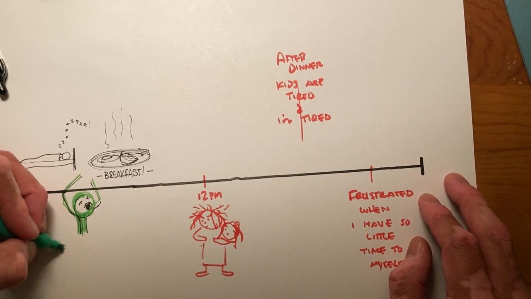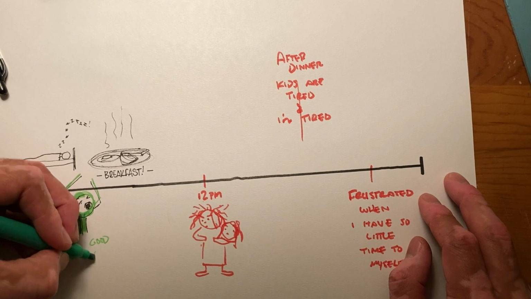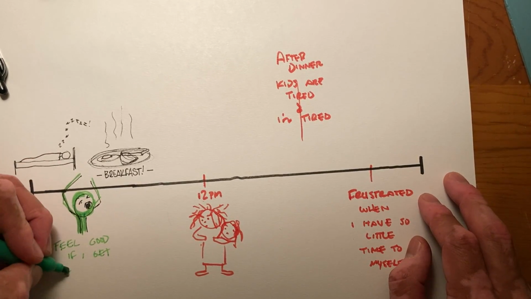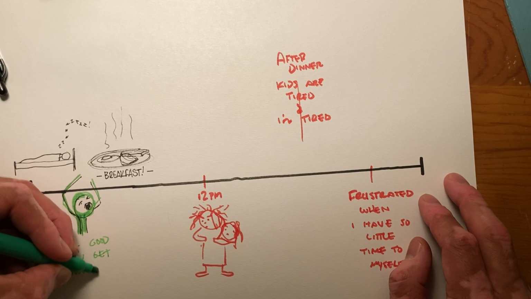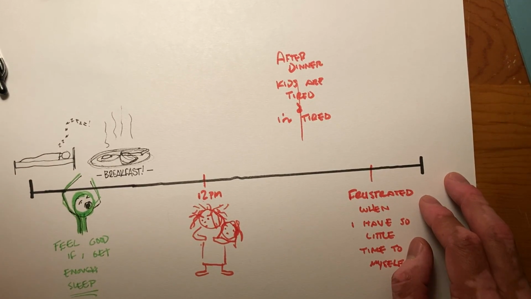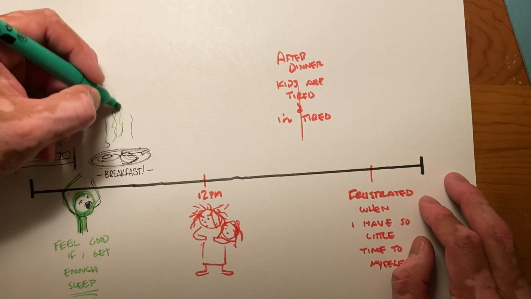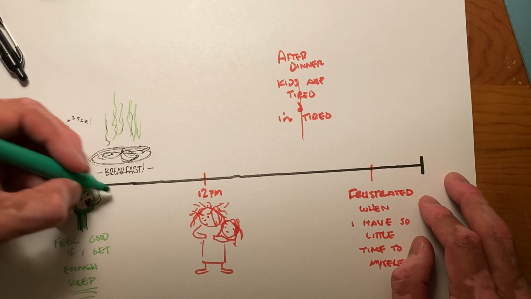Okay, I'm gonna write down, feel good if I get enough sleep. Doesn't happen always. That's a big one, right? You know, breakfast puts me in a good mood, especially when I eat the good stuff.